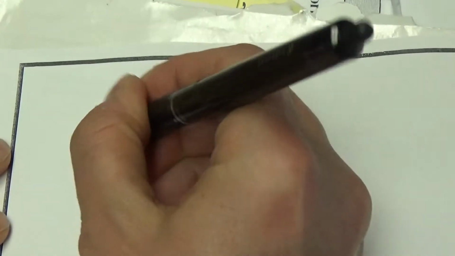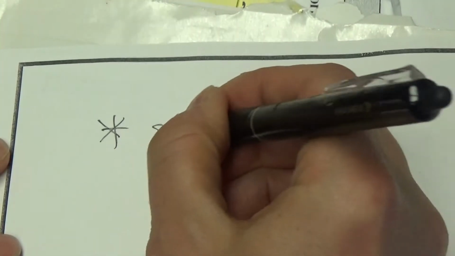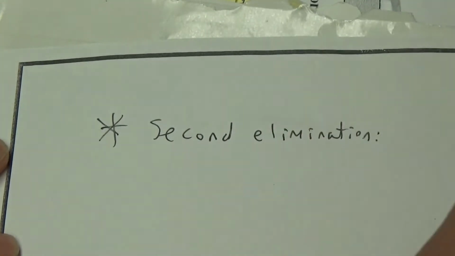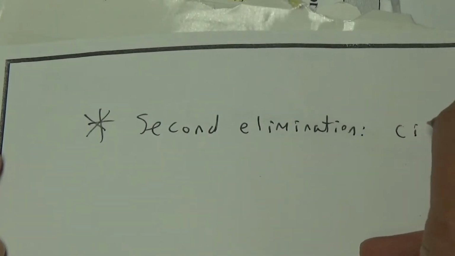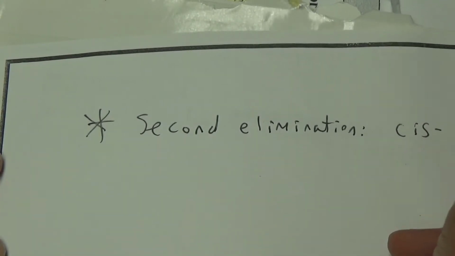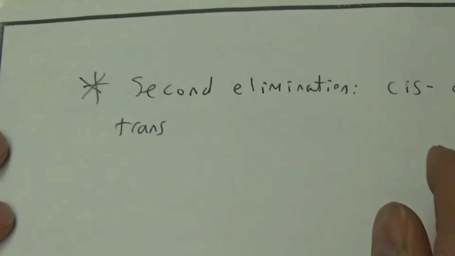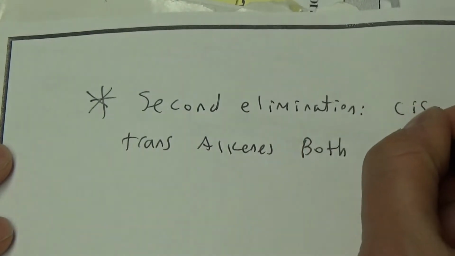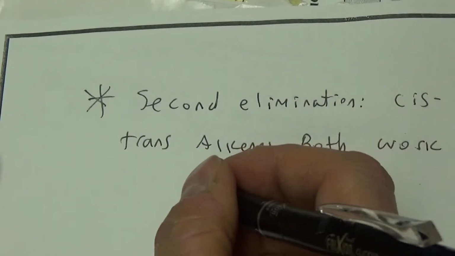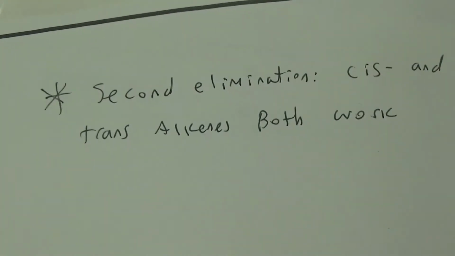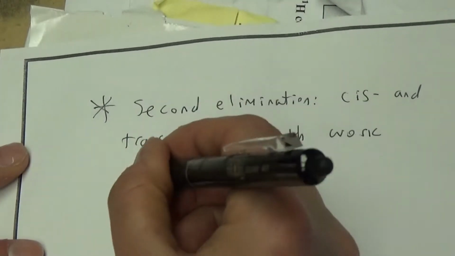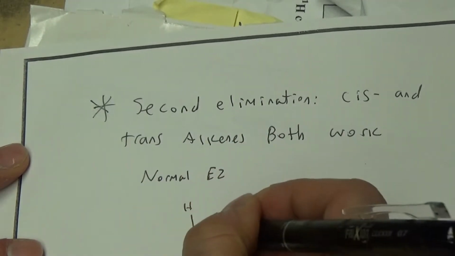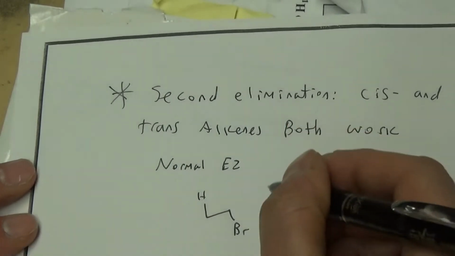Another little note. In that second elimination, because there's two eliminations, right? In the second elimination, cis and trans alkenes both work. What do I mean by that? Because if you remember, in a normal E2 reaction, if you have a base and the bromine comes off, there's this thing called anti-periplanar.